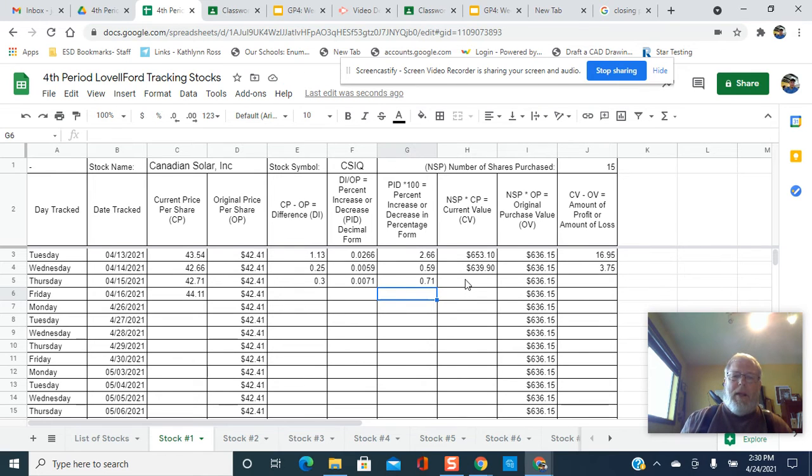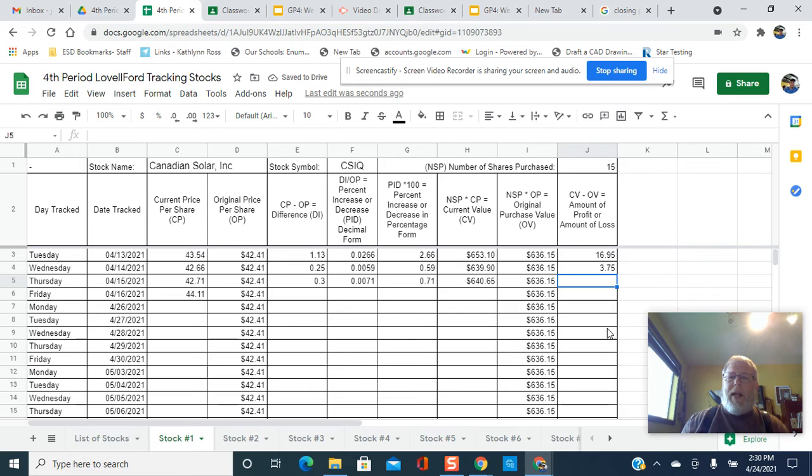Okay, so let's take our 15 shares, start off with equals 15 times the current price per share, which in this case is 42.71. So now our stock is worth 640.65. Put that into a dollar amount.